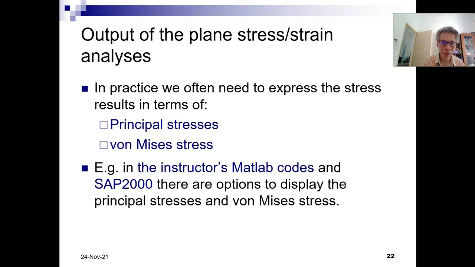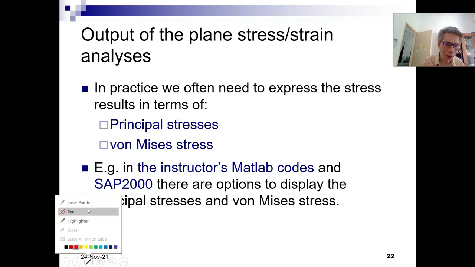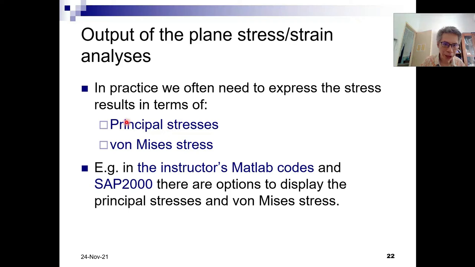But in practice, we often need to express the stress results in terms of principal stresses or von Mises stress. Okay. For example, I wrote MATLAB codes for running plane strain, plane stress.